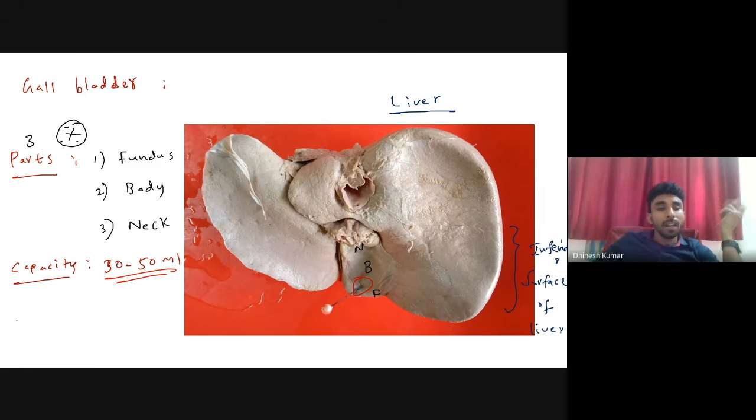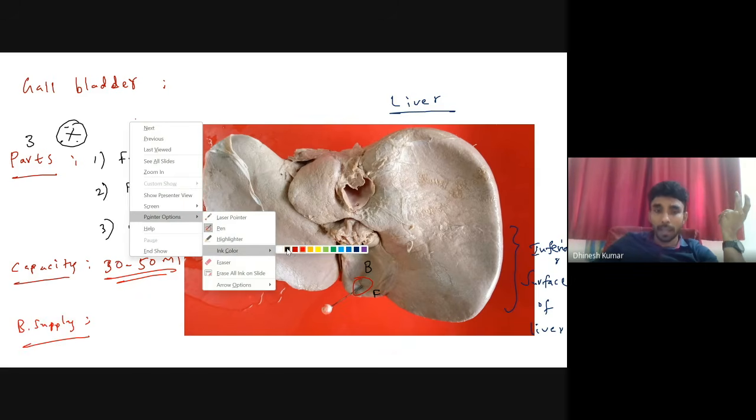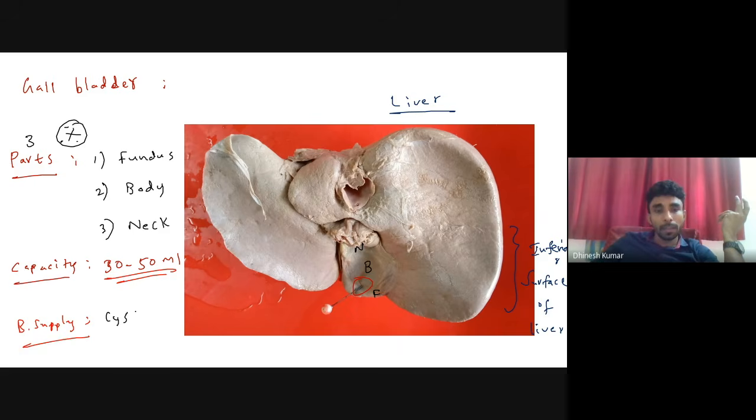Fine. And if they ask the blood supply of the pinned structure, what is the blood supply of the gallbladder? Yes, it is supplied by cystic artery, which is usually a branch of what? Right hepatic artery.